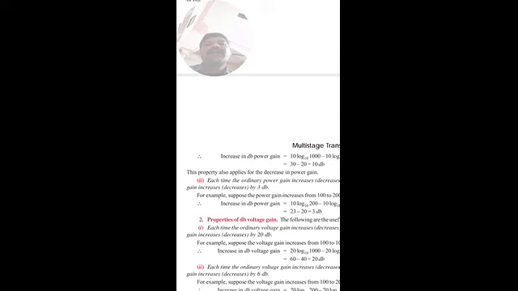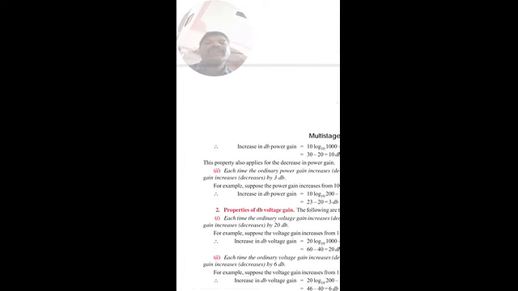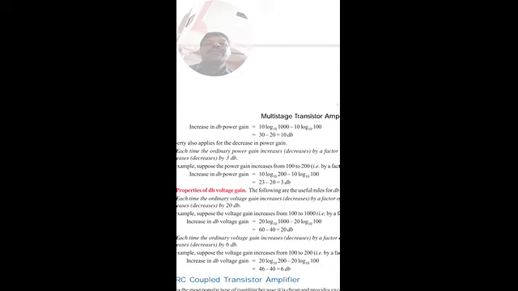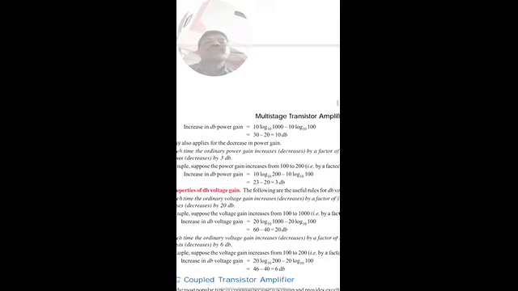Another advantage of power gain in dB: each time the ordinary power gain increases or decreases by a factor of 2, the dB power gain increases or decreases by 3 dB. For example, the power gain increases from 100 to 200, by a factor of 2.